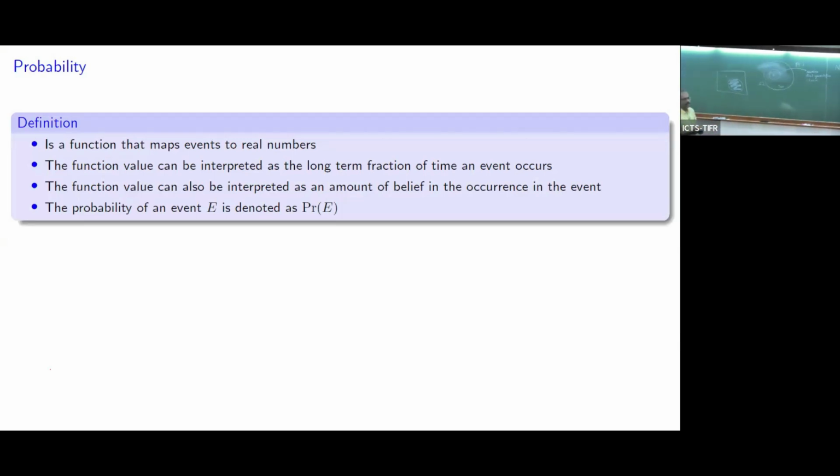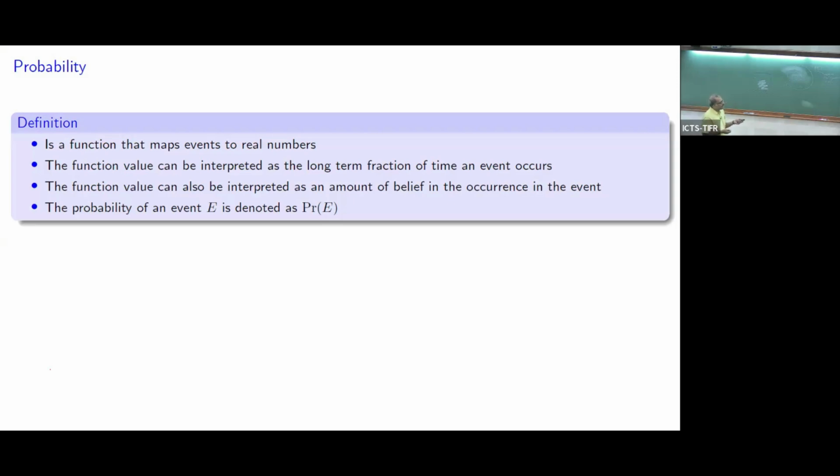Or when you toss a coin, if you are feeling lucky, you might strongly believe that whatever you have called, say heads, will occur. So this is like a subjective belief that you can have. That is one way to assign probability values to events. We will actually talk more about this in the second part of our session.